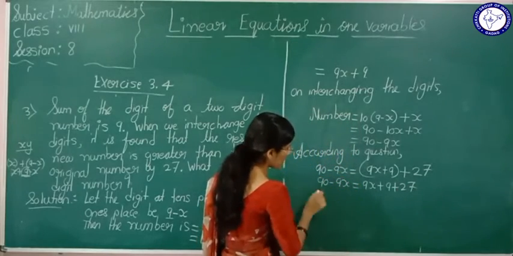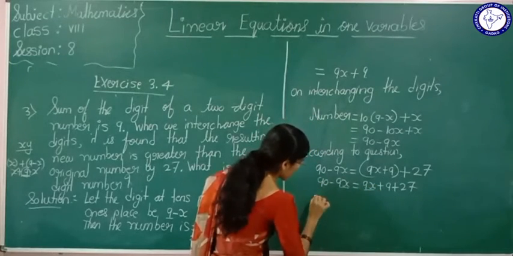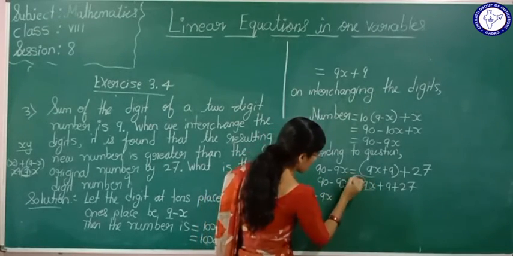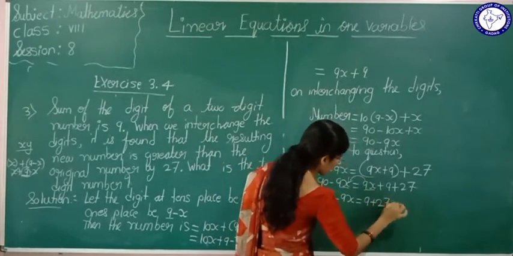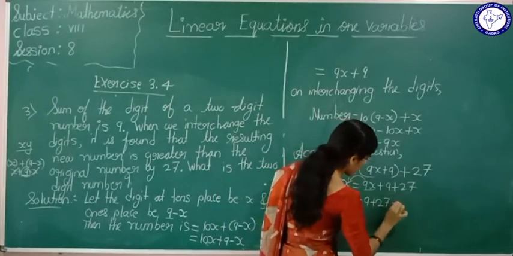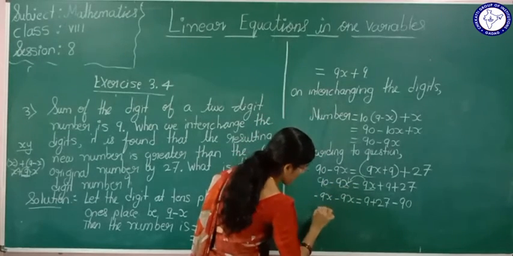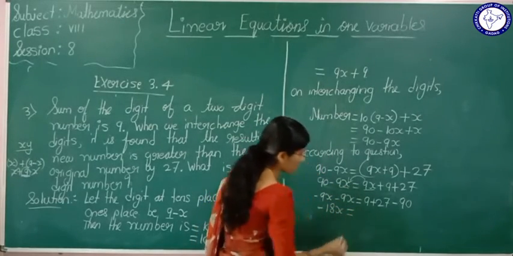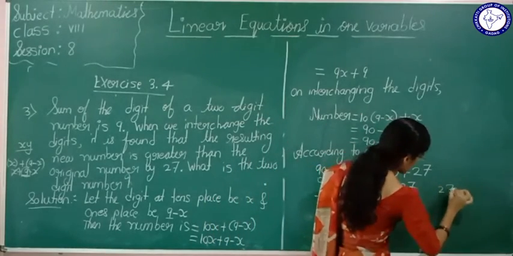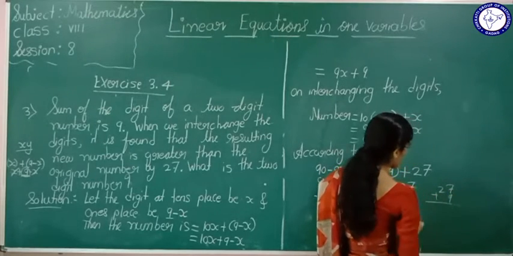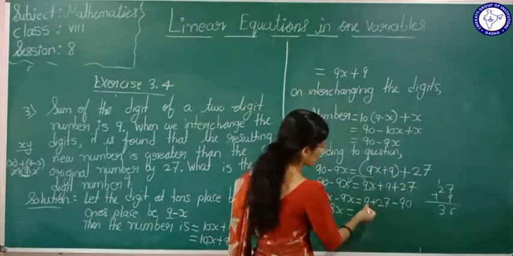Now take variables on one side. Minus 9x here, I will take this side. Minus 9x minus 9x is minus 18x, equal to 9 plus 27, and taking 90 to this side it becomes minus 90. What is 27 plus 9? 36.